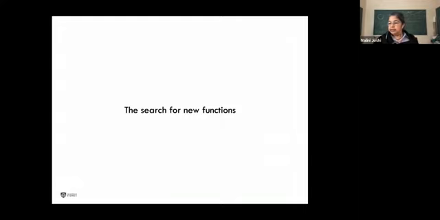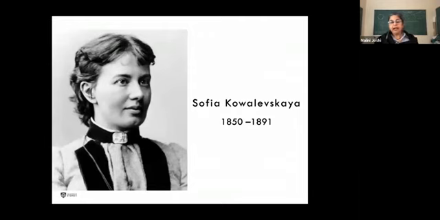One of the key observations in that questioning, in that development of the theory, came from Sofia Kovalevskaya, who is one of my heroes, who lived a tragically short life, even for those times.